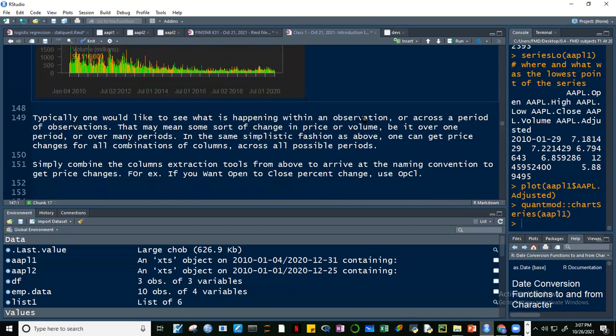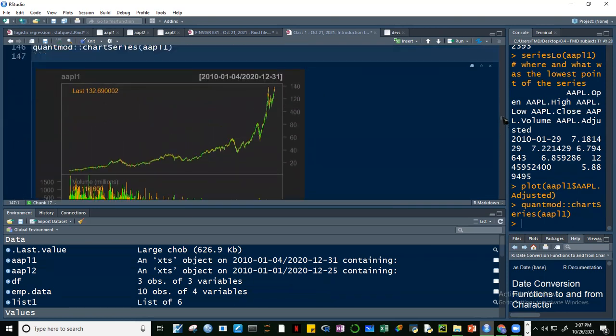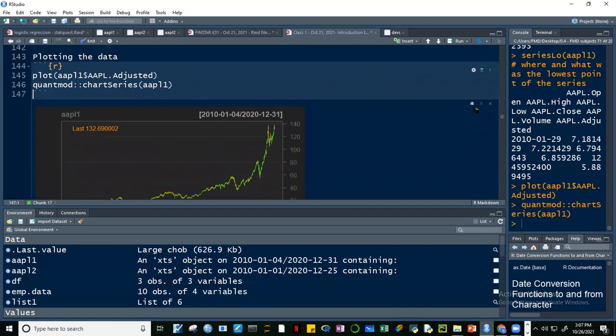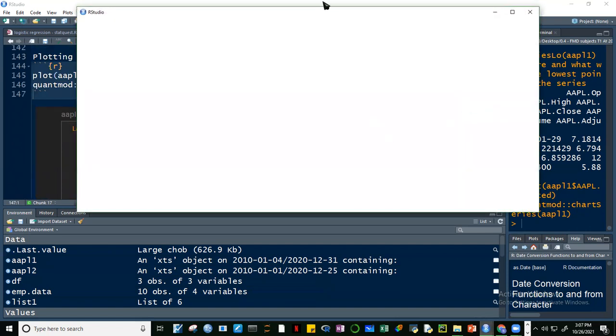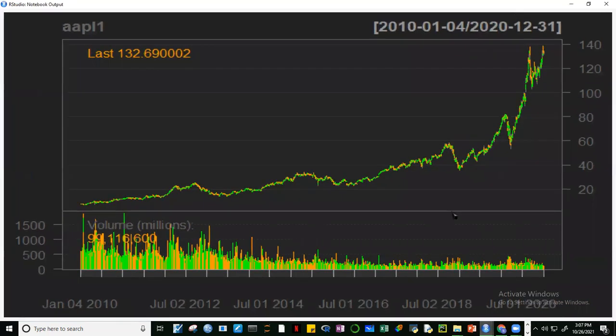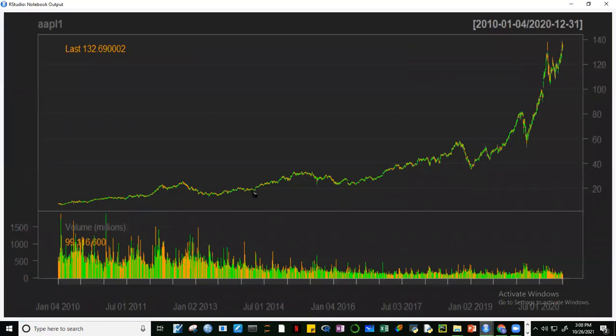Typically, one would like to see what's happening within an observation, but here, since we're asking R to plot the whole range from January 1, 2010 up to December 30, you notice, guys, that there are different colors here.